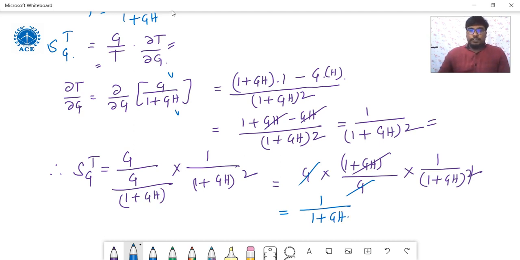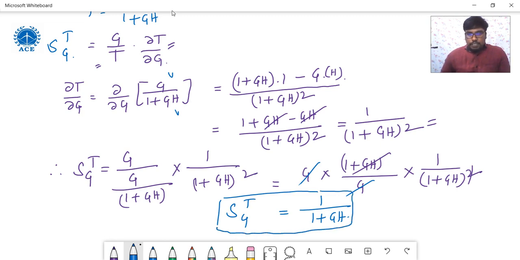Okay, so finally we got the sensitivity of the forward path. We got this factor 1 by 1 plus GH. Okay, right. So what will happen with this? Just see here.